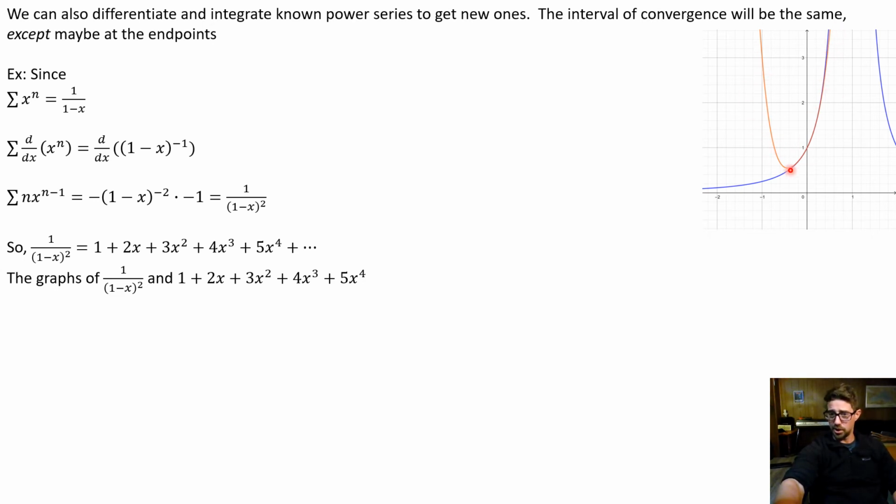You can see the orange curve and the blue curve, just with the first 5 terms, are matching up quite nicely. If I showed you the first 10 terms, it would match up more nicely. And a funny thing about power series is also the same with regular series. Some of them converge super fast, like they just snap to it, and some of them either converge or diverge very slowly.